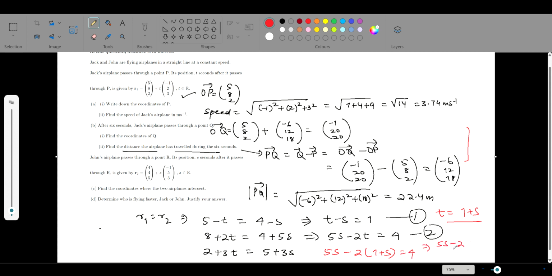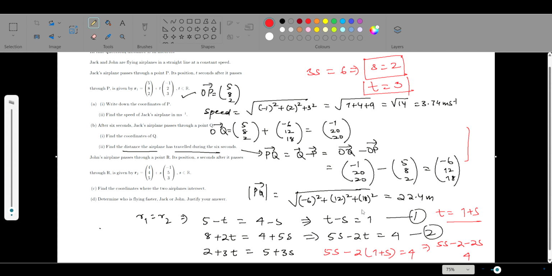So it's 5S minus 2 minus 2S is equal to 4. 5S minus 2S is 3S. 4 plus 2 is 6, so S is equal to 2. S is 2, so T will be 1 plus 2, which is 3. S is equal to 2 and T is equal to 3, right?